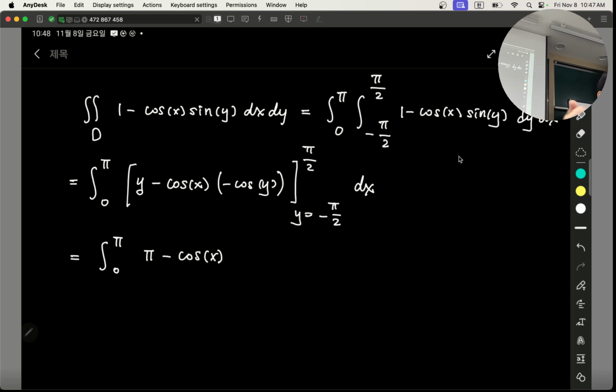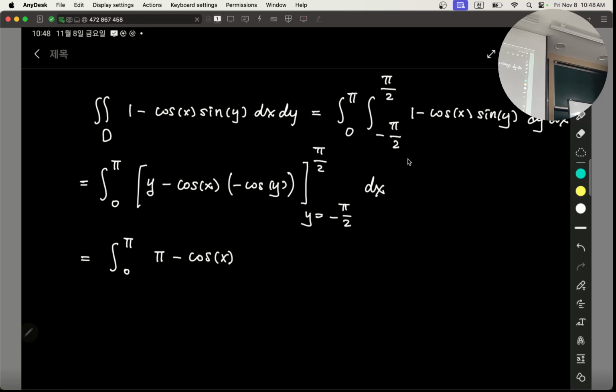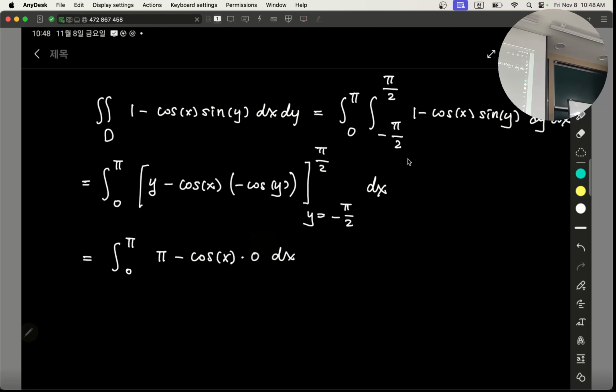Oh, it's 0, right? Yeah, the y range gives 0. So it's 0, dx. Right, and here, minus y. So the integral is simply the integral from 0 to pi of pi dx, which is pi squared. Okay.